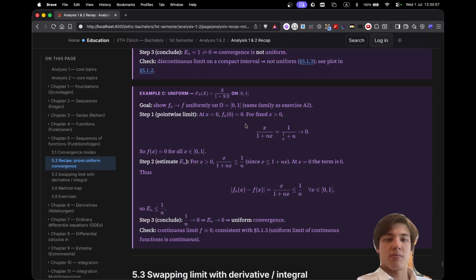Oh, we have a new example. Show that this function is uniformly convergent on 0 to 1.